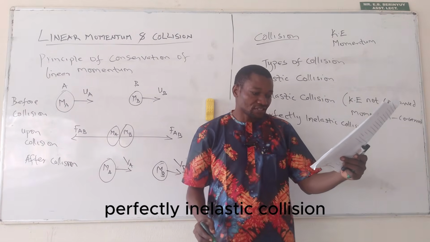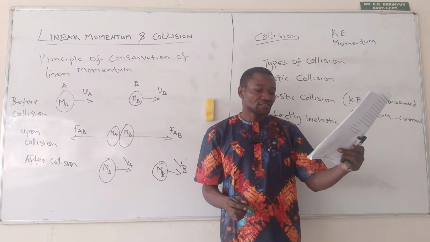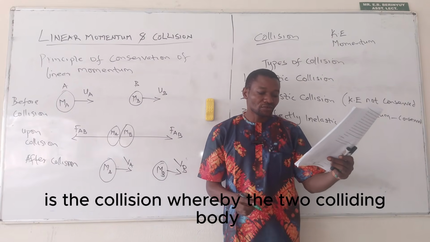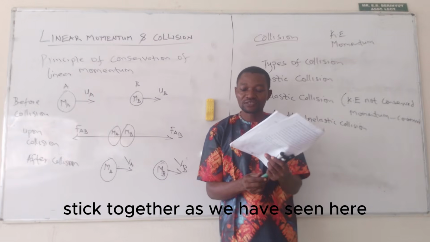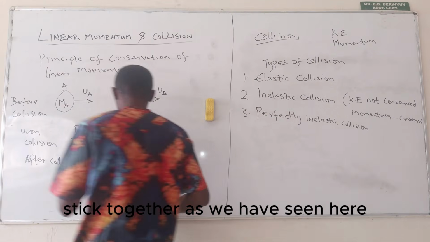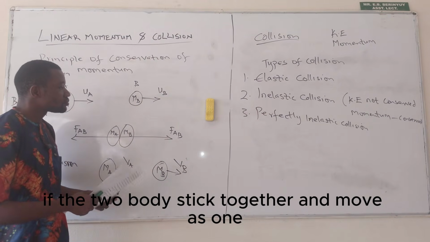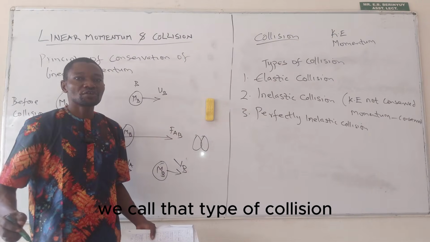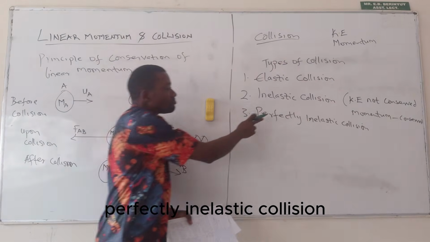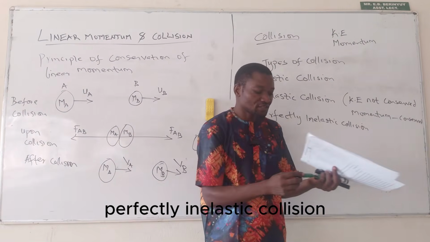Perfectly inelastic collision is the collision whereby the two colliding bodies stick together. As we have seen here, after the collision, if the two bodies stick together and move as one, we call that type of collision perfectly inelastic collision.